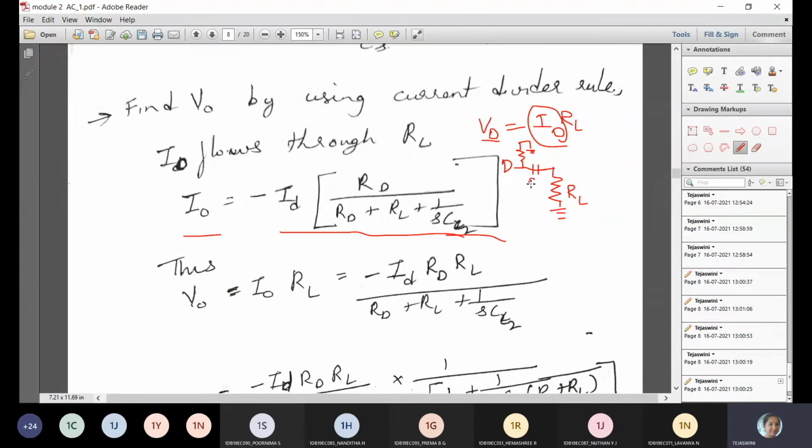Am I correct? Yes, ma'am. So this node is V0. What is the current flowing here? It is ID, the drain current, and this current is I0. Am I correct? Are you getting it?